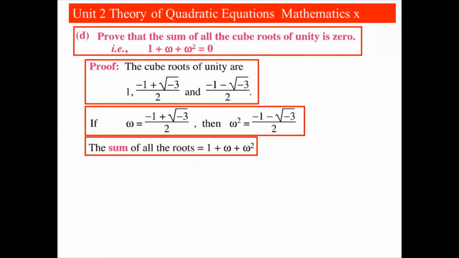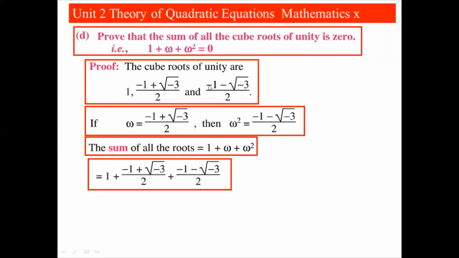The sum of all three cube roots of unity is equal to 1 plus omega plus omega square. So now we have to replace the values of these. Omega is equal to minus 1 plus square root of minus 3 divided by 2. So this is the value of omega, and this is the value of omega square.